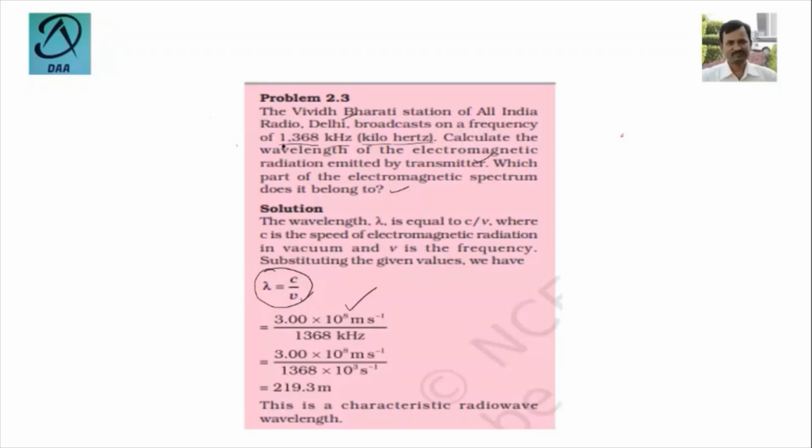The frequency here is 1368 kilohertz, that means 1368 times 1000 hertz, and then when we calculate this, ultimately the wavelength is 219.3 meter, and this is characteristic of radio wavelengths.